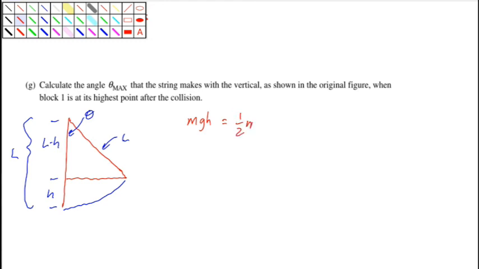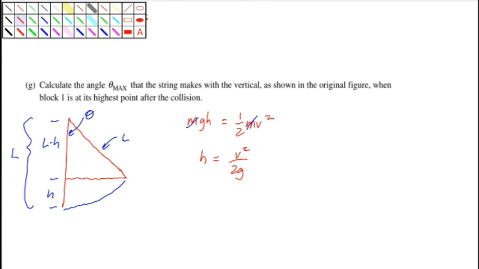So what we have is mv squared, and we're solving for h here now, so the m's cancel out. And what we wind up with is that h is equal to v squared divided by 2g.